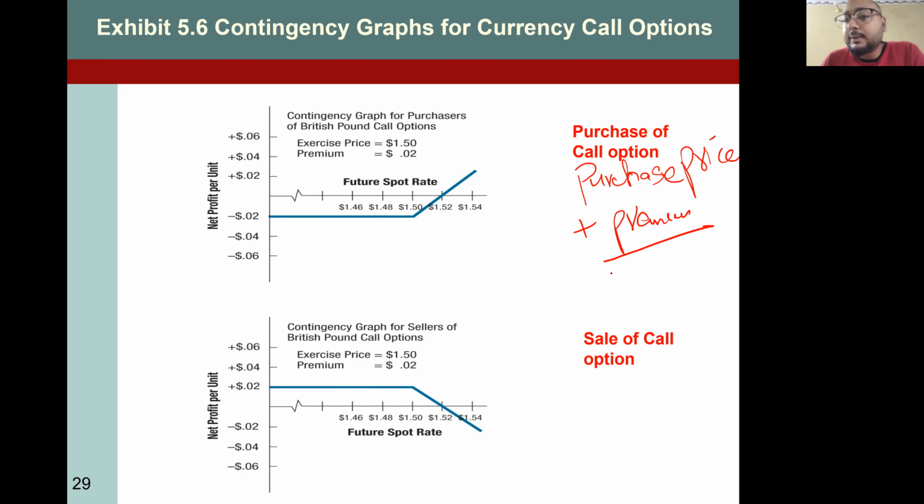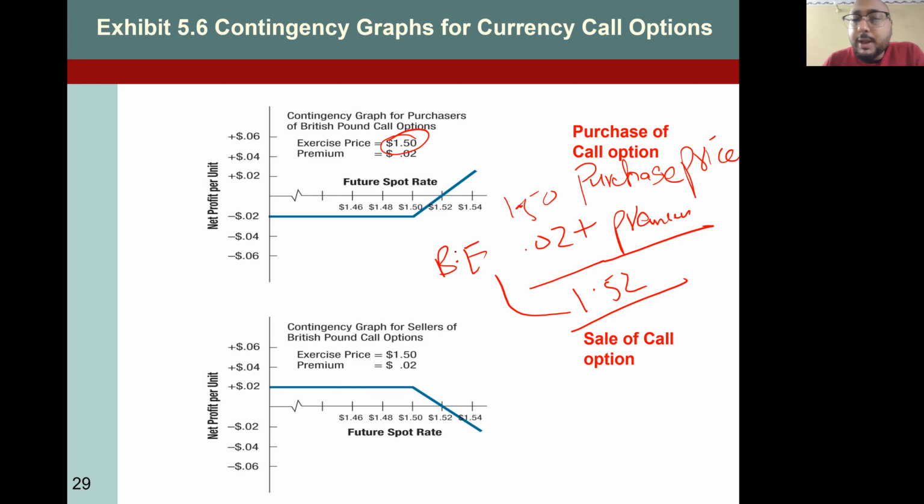That is 1.50 and premium 0.02, which is equal to 1.52. So that would be the break-even point for the buyer of the call option. If the price in the market goes above 1.52, the purchaser of the call option would have some profit. And how much profit? We don't know. There is no limit.